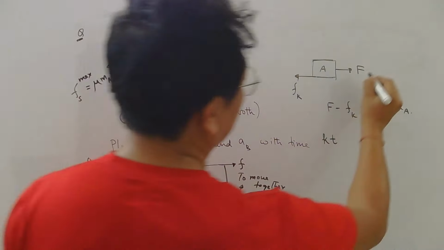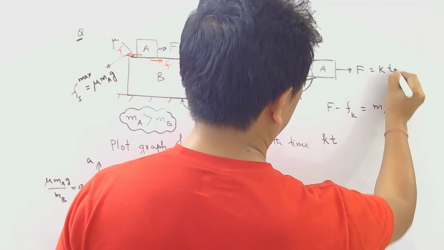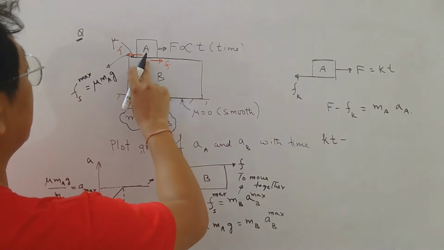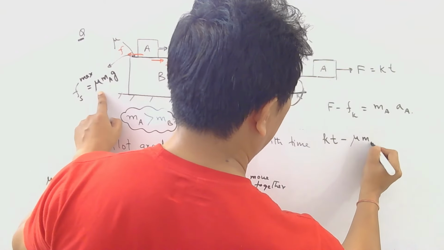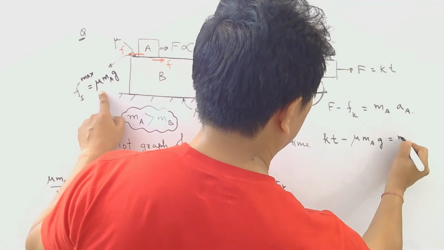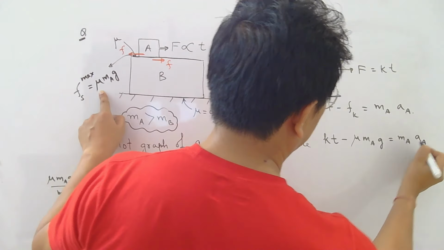K into T, it was given directly proportional. Kinetic friction here is the same as maximum static friction in this question. So mu MAG equals MA into acceleration of A.